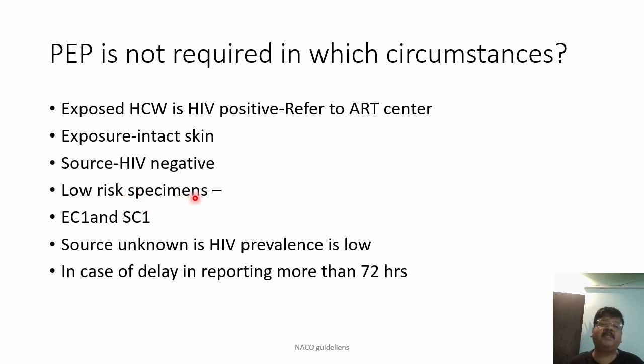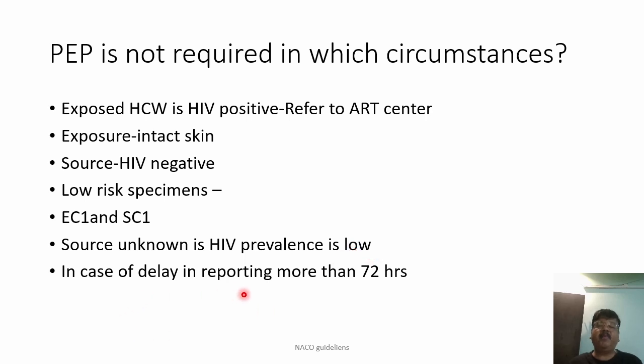Then low risk specimens, as I told you, feces, sweat, urine, and all those low exposure specimens: there is no need of post-exposure prophylaxis. Then exposure code 1 and source code 1, as shown in the table: there is no need of post-exposure prophylaxis. Then if the source is unknown and HIV prevalence in that area is low, post-exposure prophylaxis is not required.